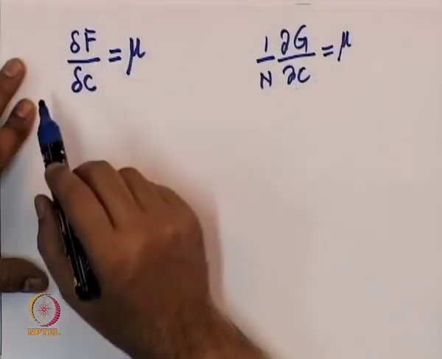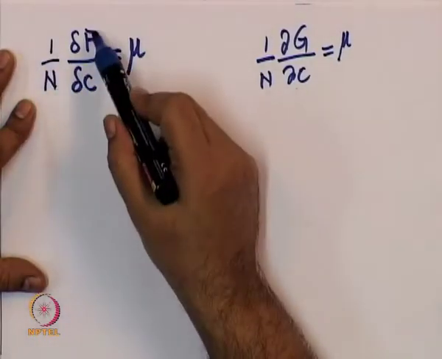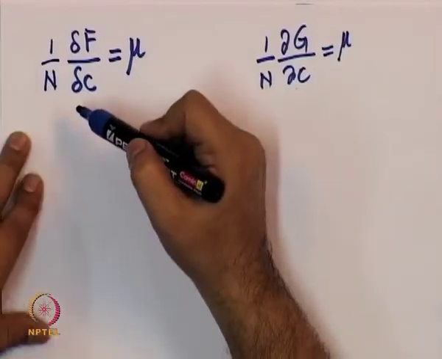So, we are going to use the same thing: 1 by n, δf/δC, is the chemical potential.